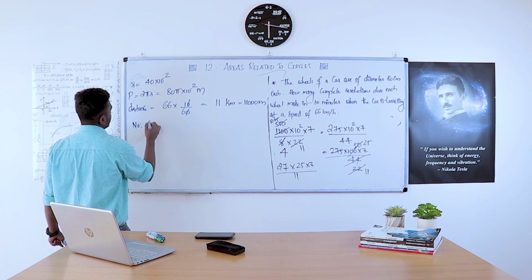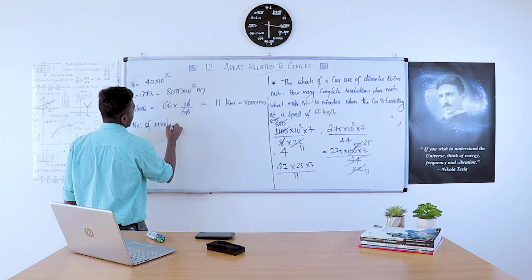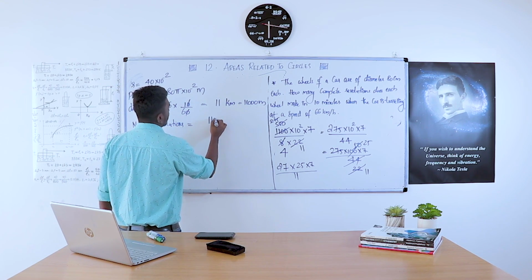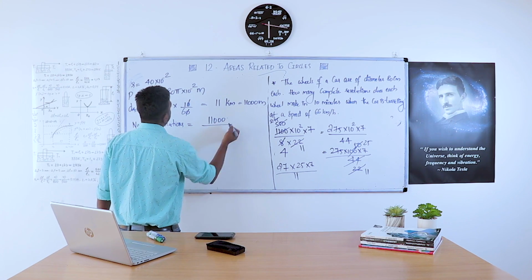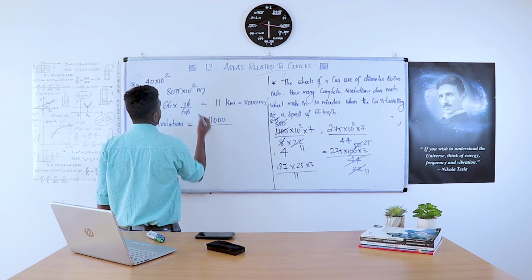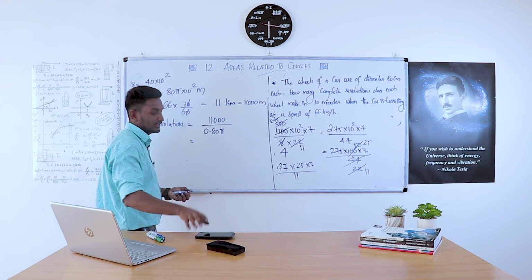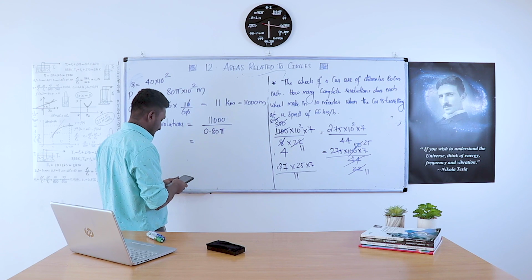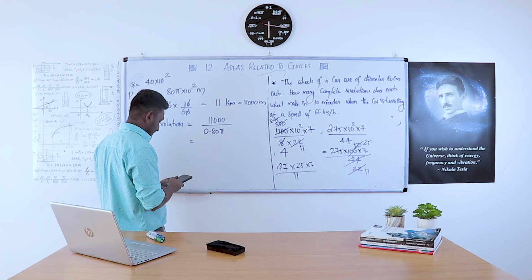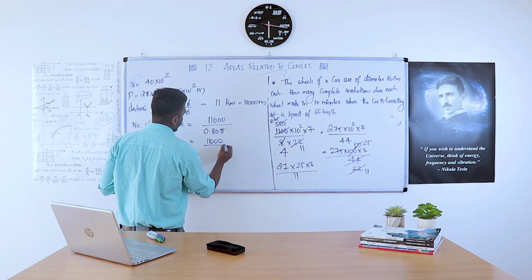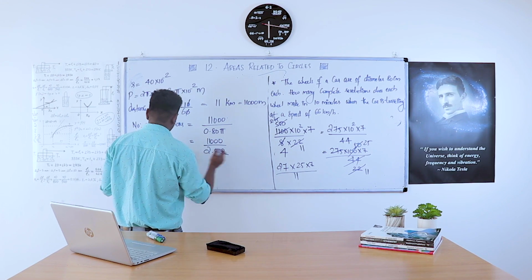Then number of revolutions is equal to total distance 11,000 meter divided by 80 into 10 raised to minus 2 pi, which can be written as 0.80 pi. That is 2.512.